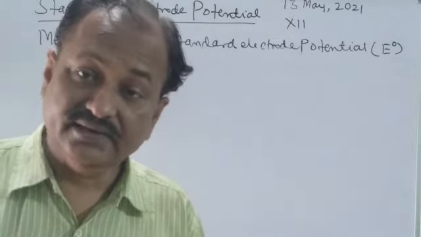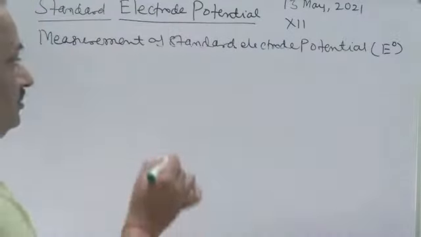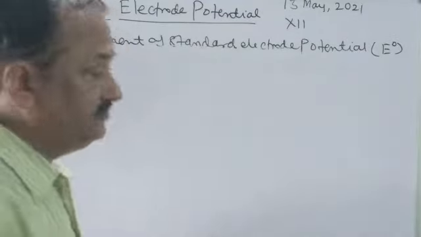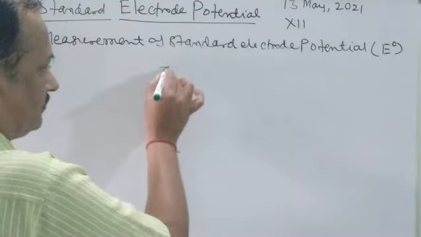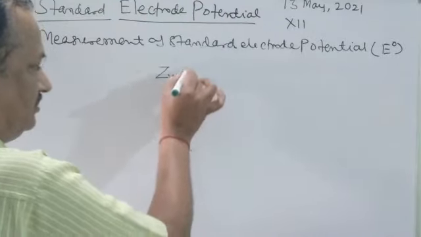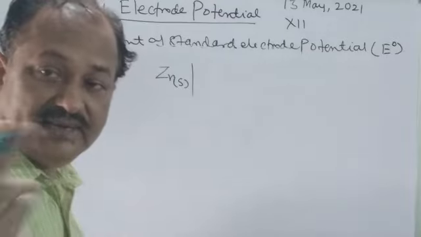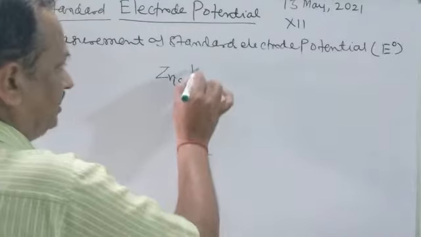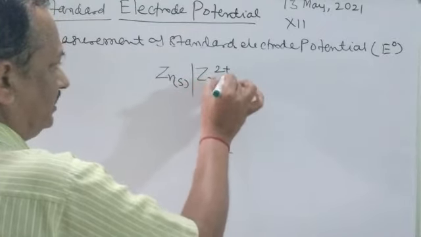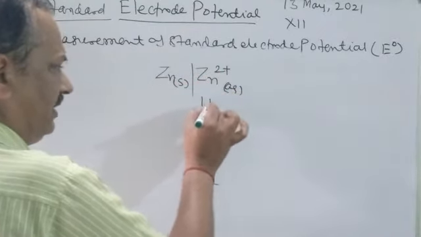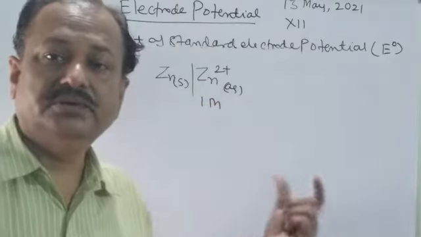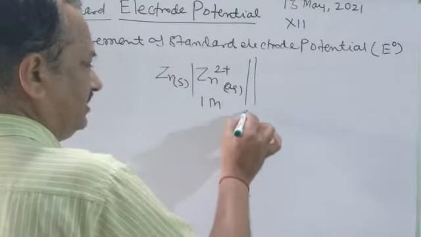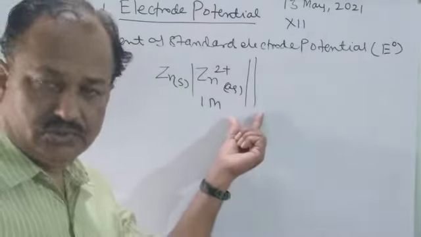Now coming to the writing of the net reaction. How do we write the net reaction for this electrode? First we take zinc solid, then one vertical line indicates the separation. Here we have zinc ions aqueous, let it be 1 M. It is symbolic, whatever concentration you take. Then the two lines indicate the salt bridge.